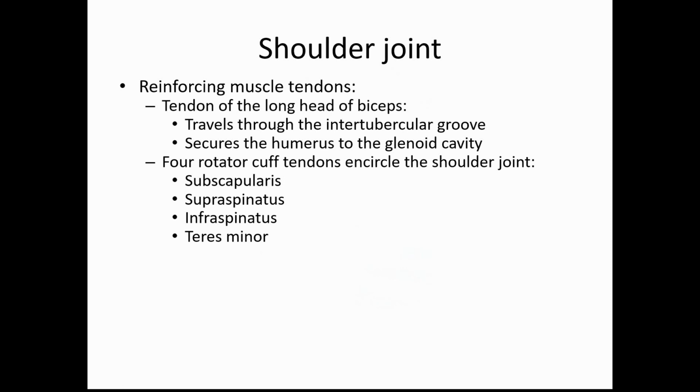They're also sometimes called the SITS muscles. If you rearrange them a little bit, you get subscapularis, infraspinatus, teres minor, and supraspinatus. These 4 muscles are what hold your arm onto your rib cage. So when somebody tears their rotator cuff, usually it's the infraspinatus muscle because it's the smallest.